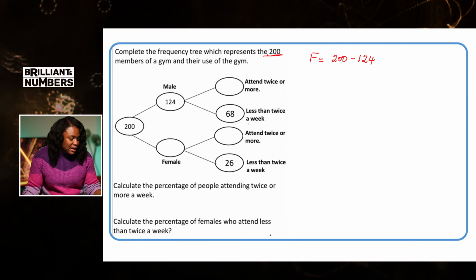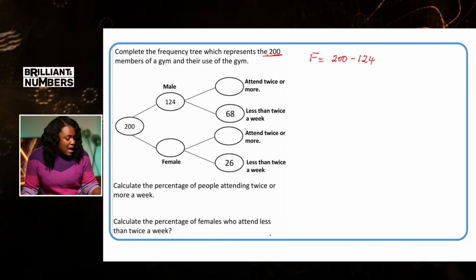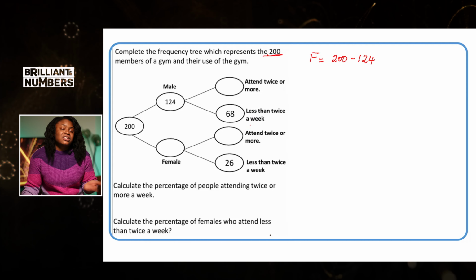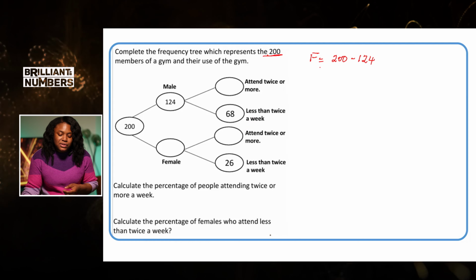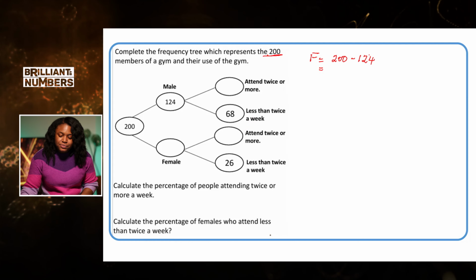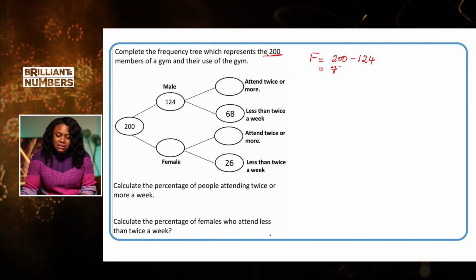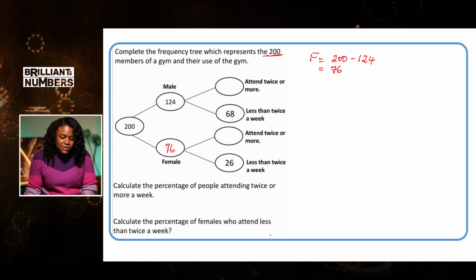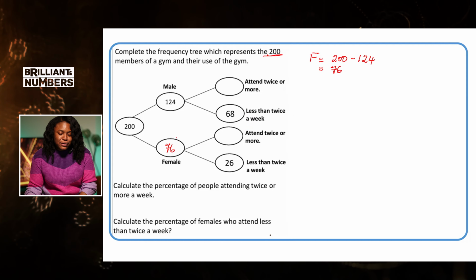We just put that in our calculator, and if it's a non-calculator paper, however, you just simply need to use the column method to do that. So 200 take away 124, that gives us 76. We go ahead and we put that on our diagram. So we've got 76 females.